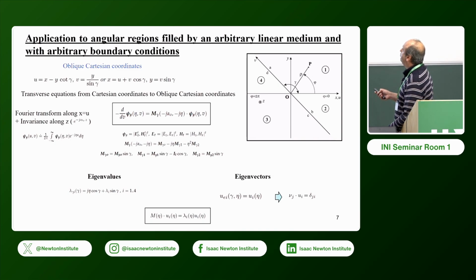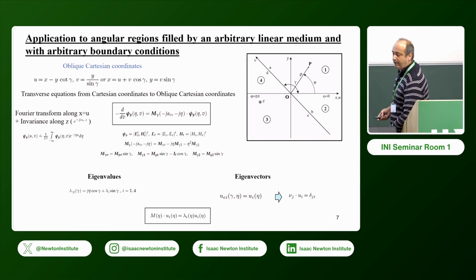If we use oblique Cartesian coordinates here, and we use the equation written for stratified media, then we rephrase the problem in these oblique Cartesian coordinates, and we get this kind of operator, a system of differential equations, where we have applied the Fourier transform along u, or x, it is the same, and invariance along the z direction, perpendicular to the slides. And psi y is the transverse field in these directions.